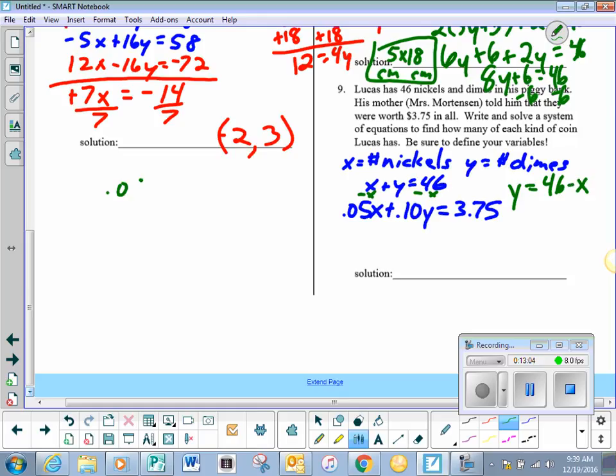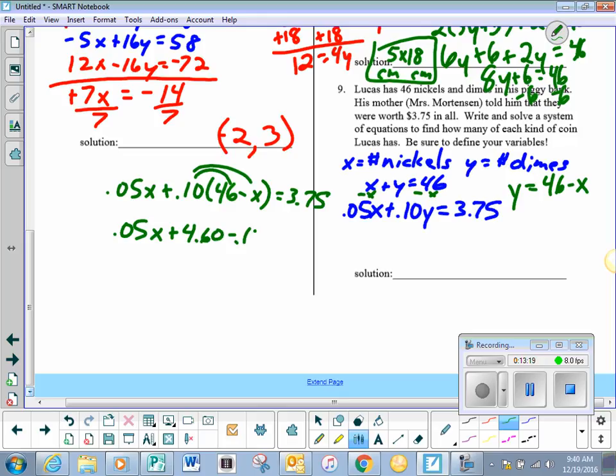So I have 0.05x plus 0.10 times 46 minus x equals 375. Do a little simplifying here. 0.05x plus 460 minus 0.10x equals 375. Negative 0.05x plus 460 equals 375.